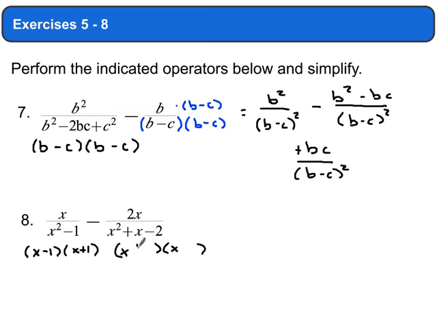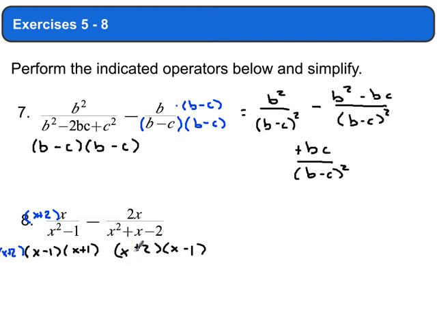I'm going to say a plus 2 and a minus 1. So we're going to look and see what's missing in each one. So this is an x minus 1 and x plus 1. Over here, we have an x plus 2 that's not present over here. So we have to put an x plus 2, and we have to multiply the numerator by x plus 2.